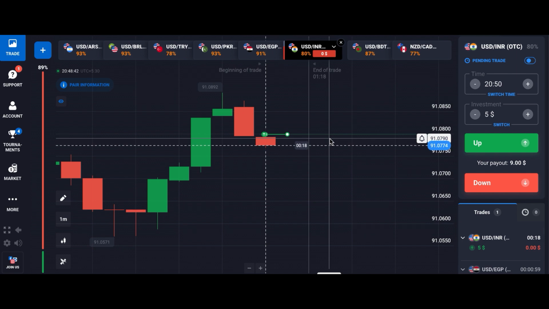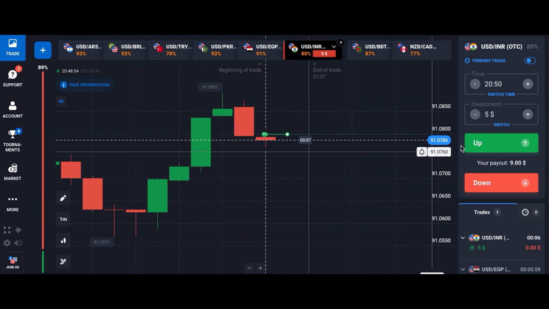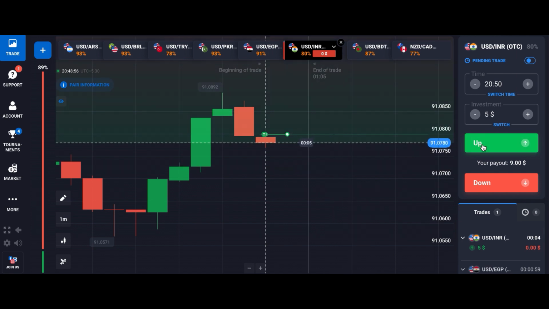Okay, if this candle closes in red, then on the next trade I will again go for the green one. Okay, but let's see. Last 5 seconds are remaining.